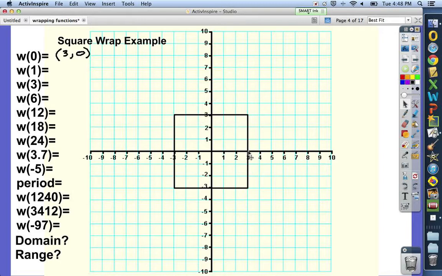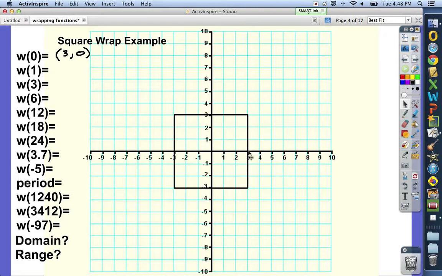Next is a wrap of 1. So I'm at my starting point, which is on the right-hand portion of the figure to be wrapped, and I move one length along the object in the positive direction. Going in the counterclockwise direction, which would be this way, is positive movement. So I'm actually taking a number line and wrapping it around this figure, but only for a length of 1.